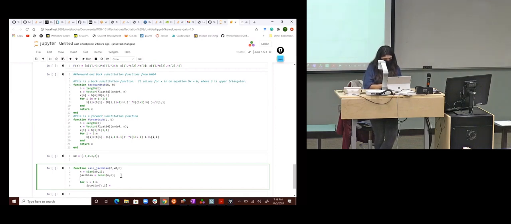So my identity matrix is zeros n comma n plus I. So you want to get the function of x naught plus h times the ith column of the identity matrix, minus f of x naught minus h times the ith column of the identity matrix, and divide this by 2 times h, and that's your Jacobian.